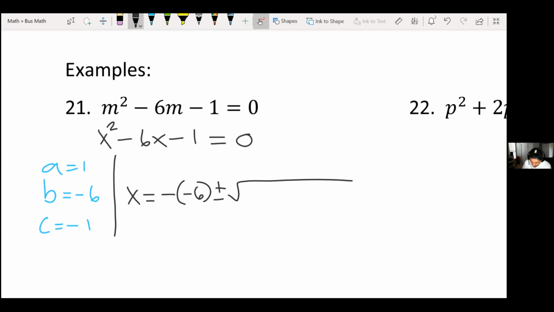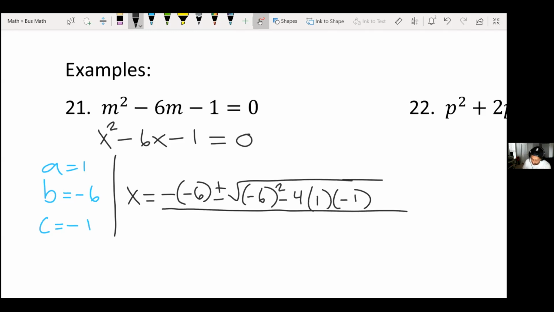Always want parentheses. So you're going to start with negative 6 squared, as the formula above says. So parentheses, negative 6 squared minus 4 times a times c. And all of that's under the square root. Now, everything is over 2 times the value of a.